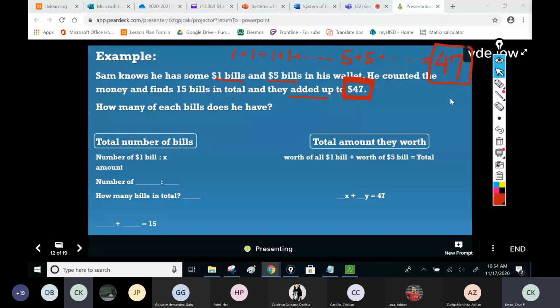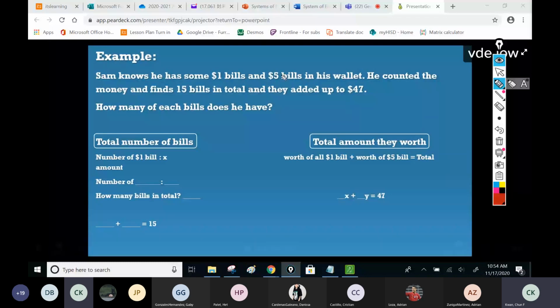Now they're asking you how many of each bill does he have? So you know he has some $1 bills and some $5 bills, there are 15 bills in total, and the value adds up to 47.